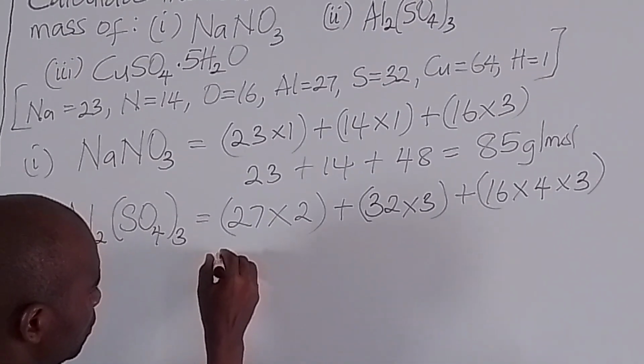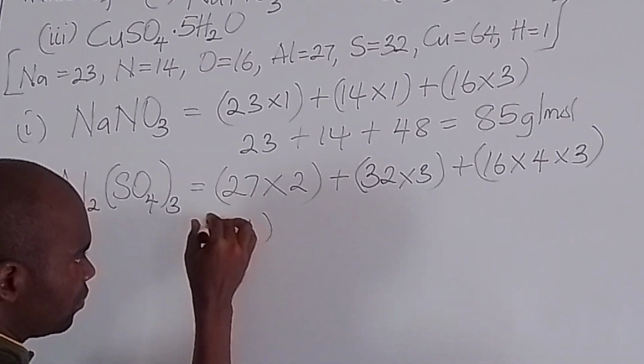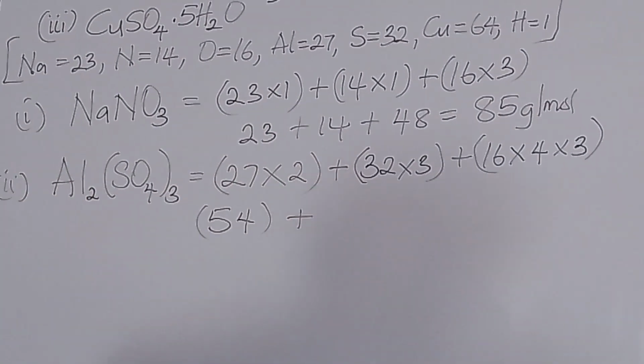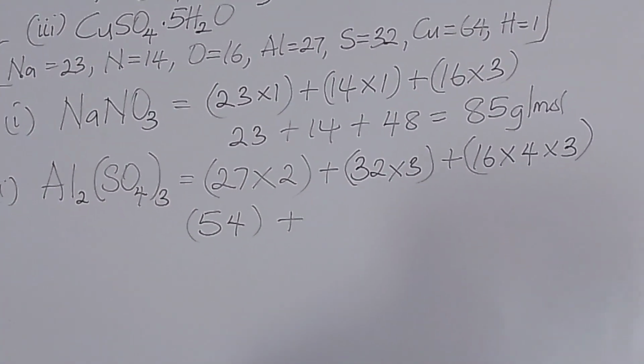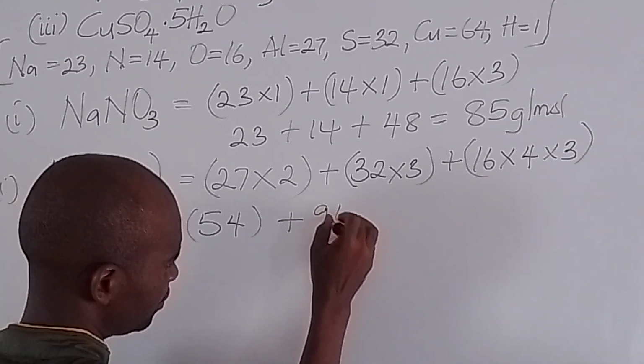27 times 2 will give us 54. 32 times 3 will give us 96.